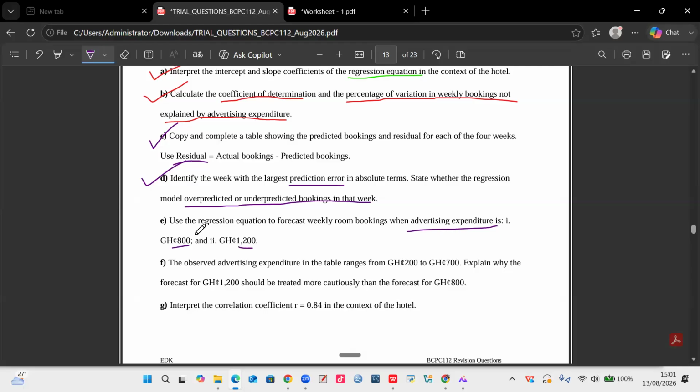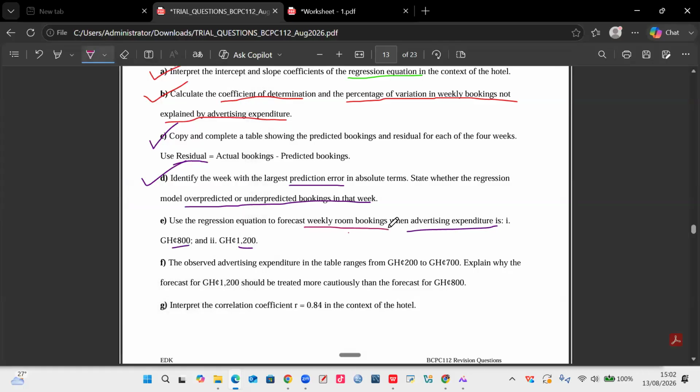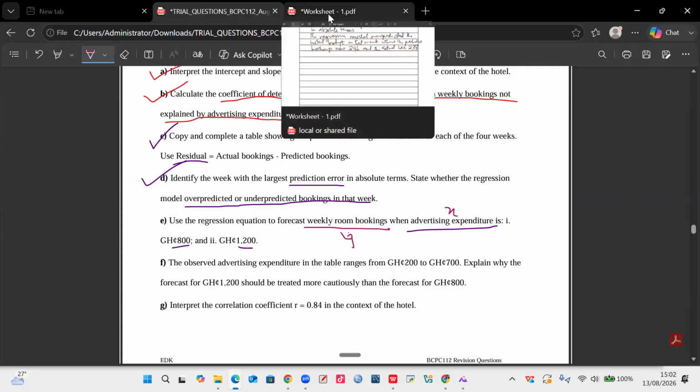Remember, weekly room bookings is represented by Y, the estimated Y hat, and advertising is X. That's what they're asking us to do.